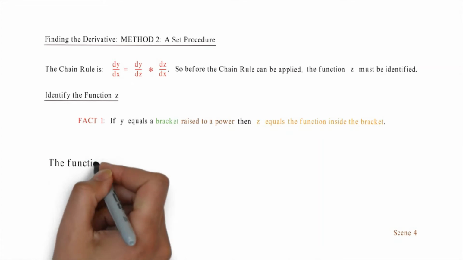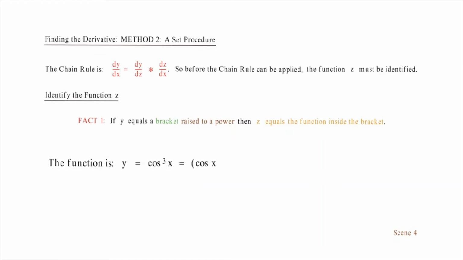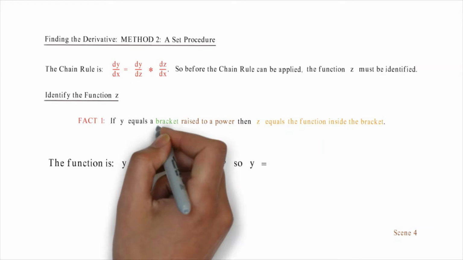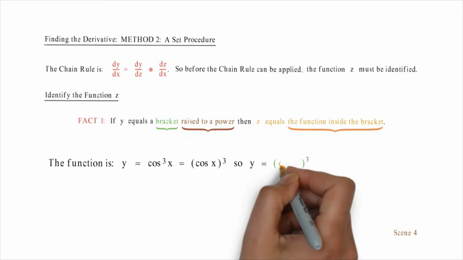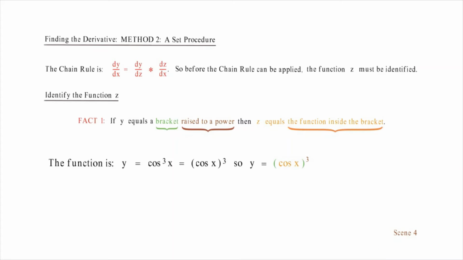The function is: so y equals a bracket with cos of x inside the bracket raised to a power which is cubed, then z equals the function inside the bracket which is cos of x.